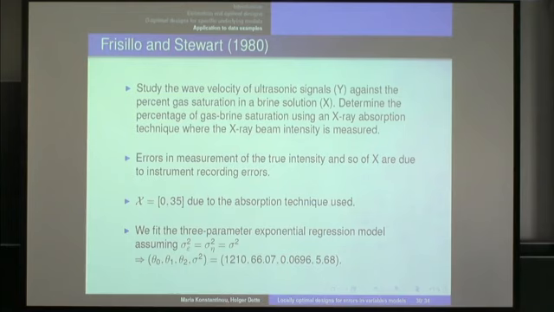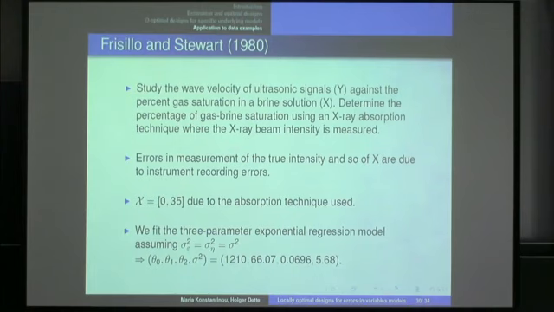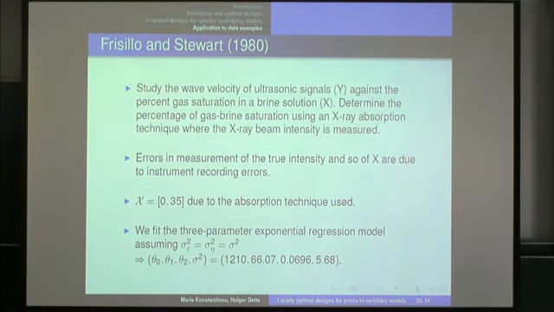And as before, we have errors due to the instrument used to measure this intensity, which corresponds to the case of classical errors. Now, the technique they used to get these saturation levels could only produce levels up to 35%, and that's why we have a design space from 0 to 35 and not 0 to 100%.